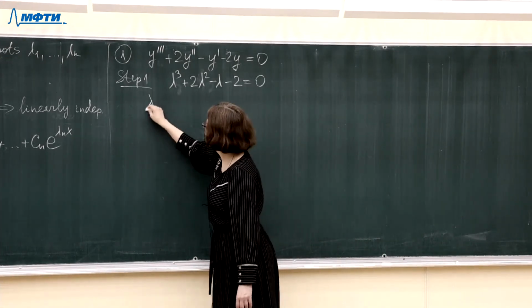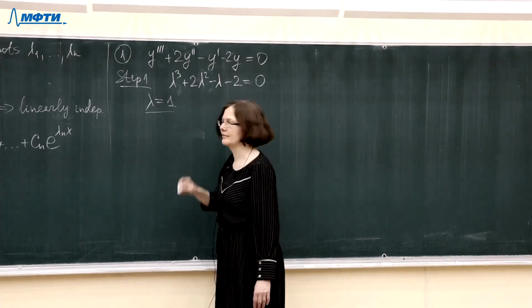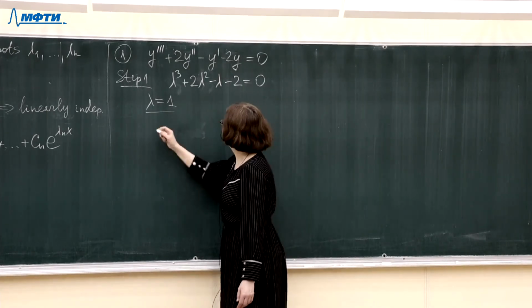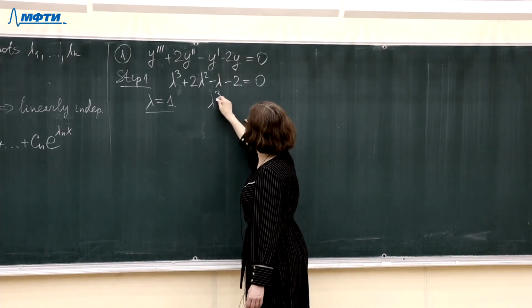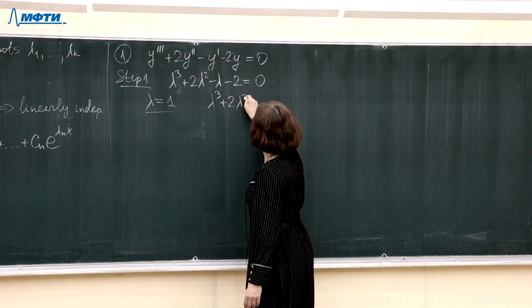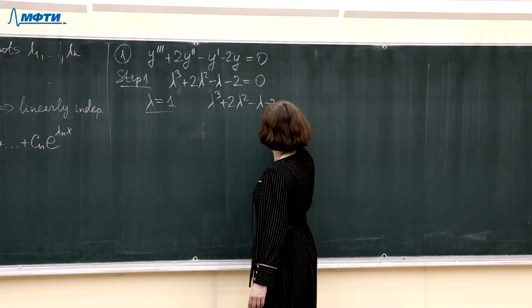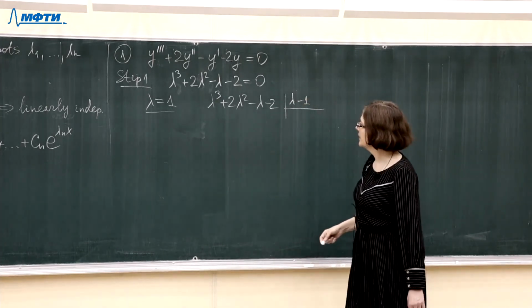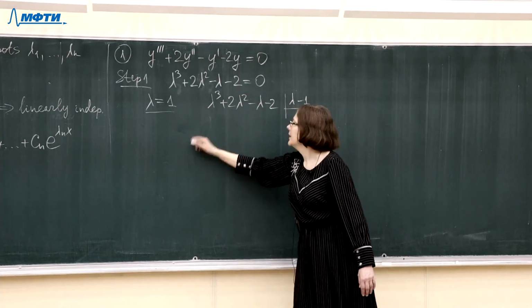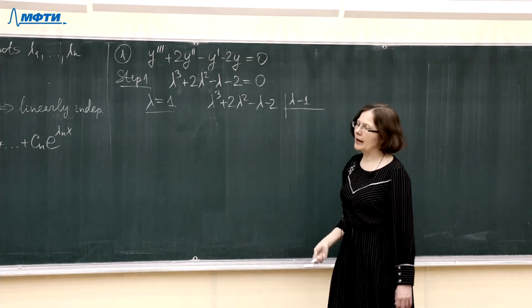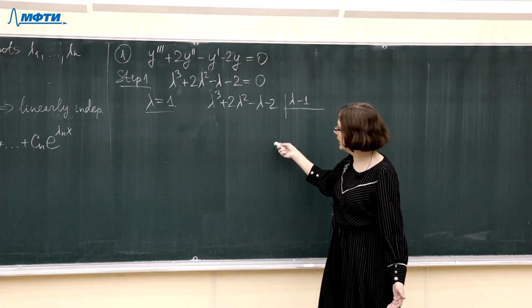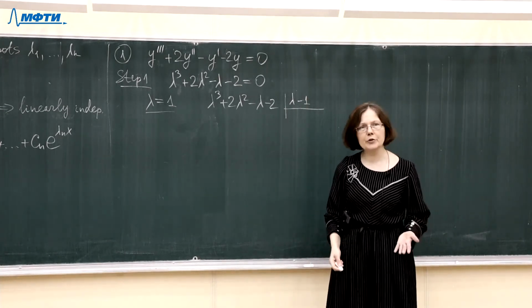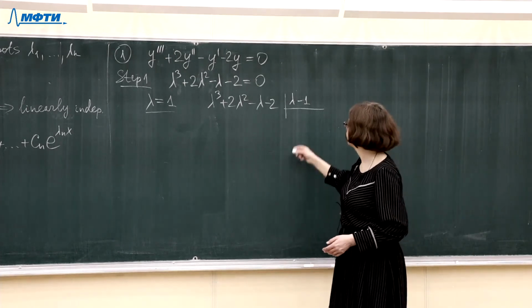So lambda equals 1 is a root, right? This means that this polynomial is divisible by lambda minus 1, so let's divide and find the quadratic polynomial, and after this we will solve it.